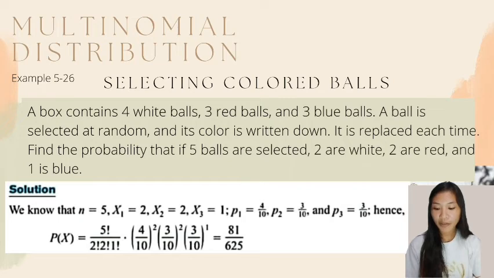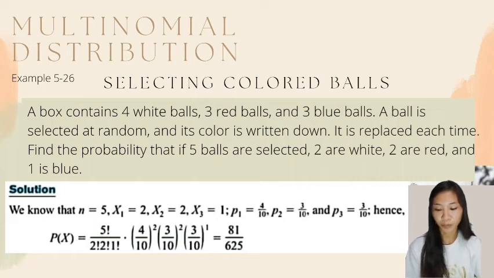Hence, the probability of x is equal to 5 factorial over 2 factorial times 2 factorial times 1 factorial times 4 over 10 to the power of 2 times 3 over 10 to the power of 2 times 3 over 10 to the power of 1 is equal to 81 over 625.